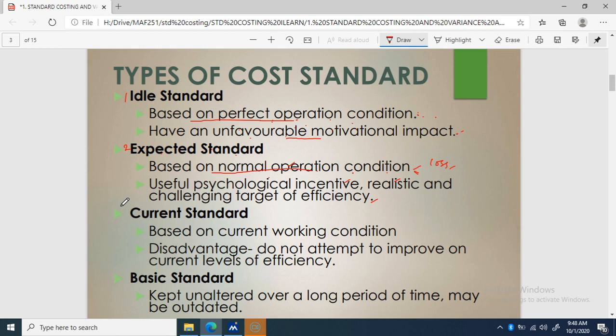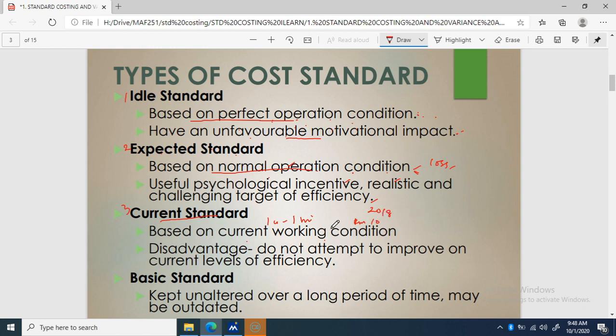Number three is current standard. Current standard is based on current working conditions. Let's say the company commenced in 2018. In 2018, you assume one unit takes 1 hour to produce, and you pay, let's say, 10 ringgit per hour.